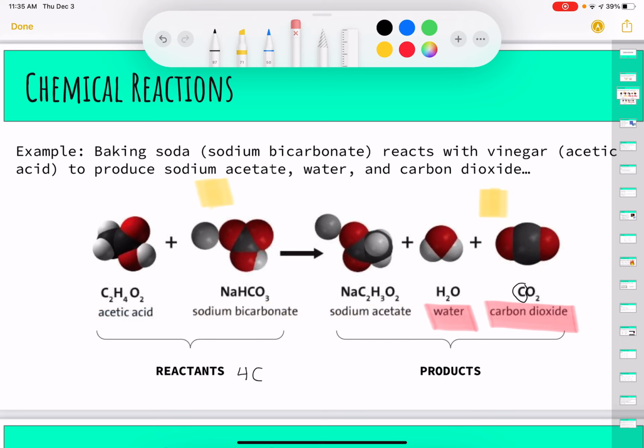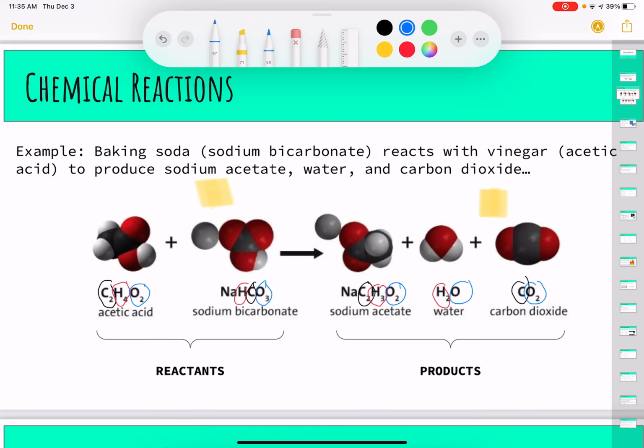But the point is, as far as our numbers, let's not go with numbers. We still have the same elements. We've got carbons on this side, and we've got carbons on this side. We've got hydrogens on the left, and hydrogens on the right. We've got oxygens on the left and oxygens on the right.